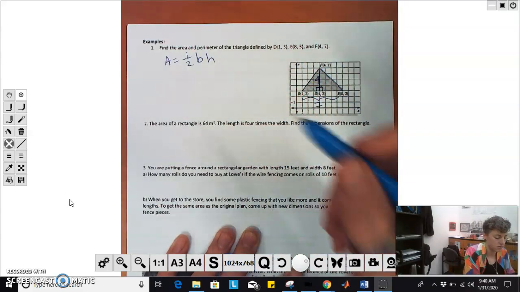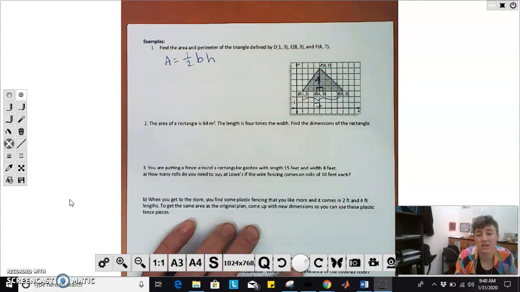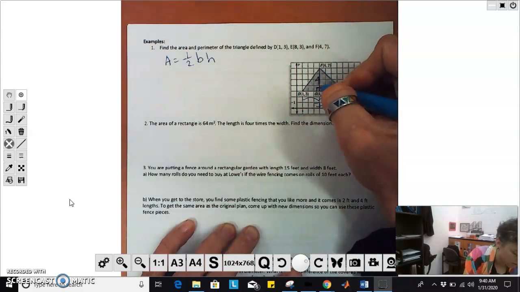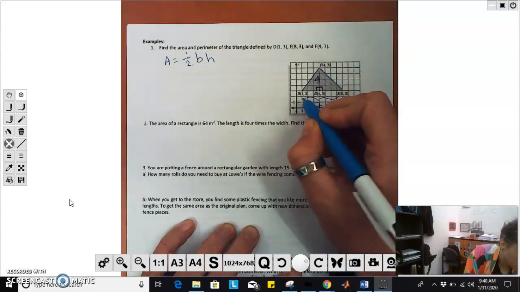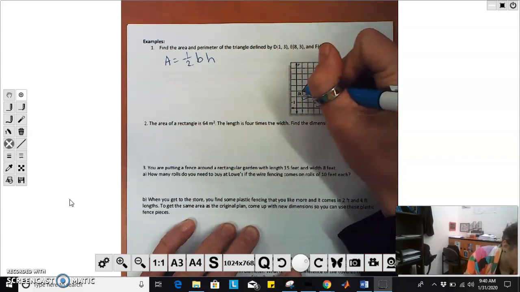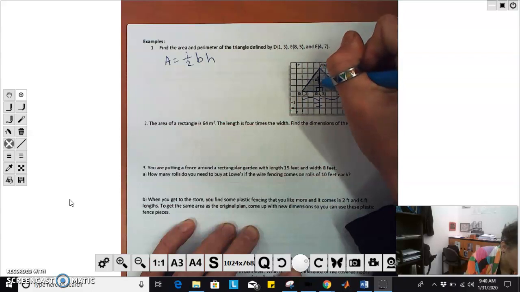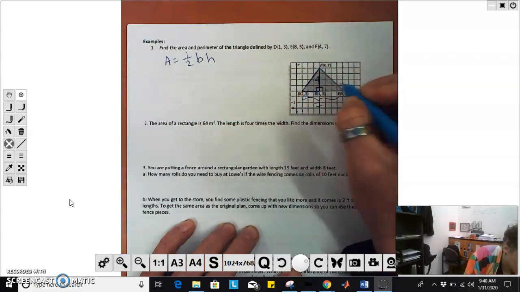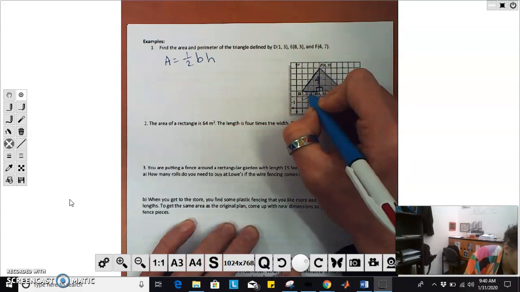And I also know I can use the Pythagorean theorem anytime I have a right triangle. So I've got a right angle here, and I can make a right triangle to use my Pythagorean theorem. So let's look at this triangle on the left. We know the bottom here is 3 units.